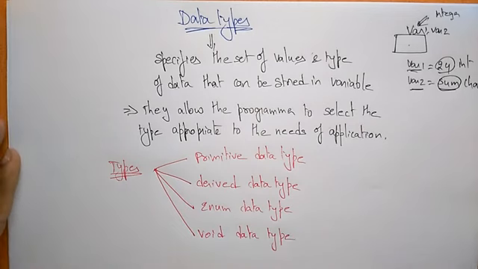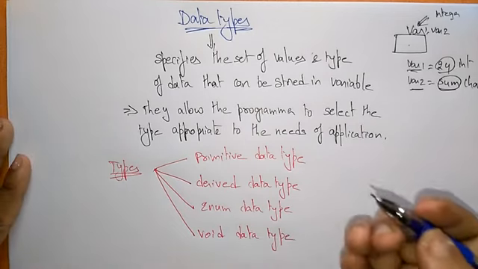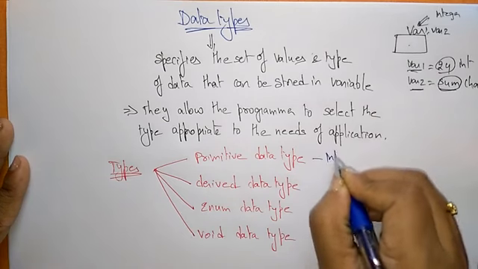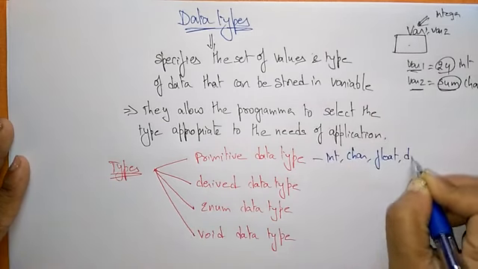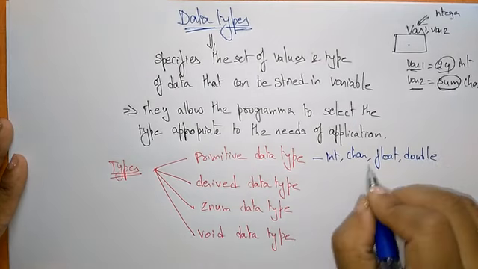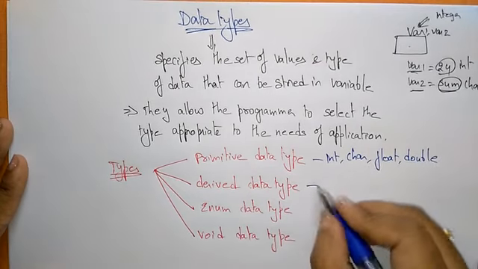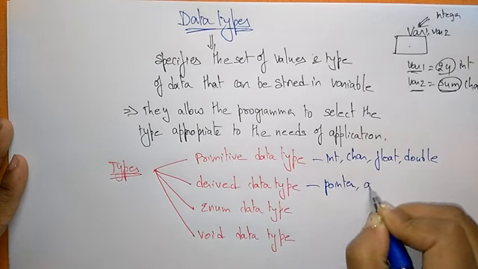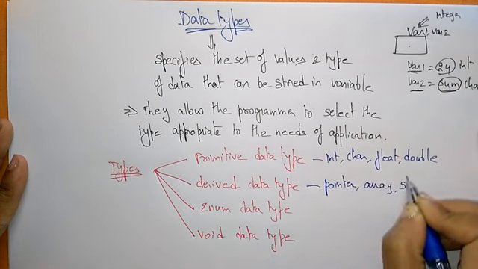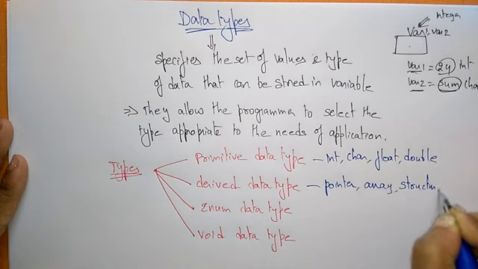So primitive data types are nothing but, you can take the examples of integer, character, float, double. So these are all the primitive data types. Derived data types are pointers, arrays, structures, unions.